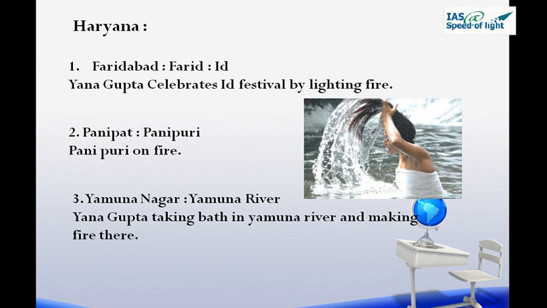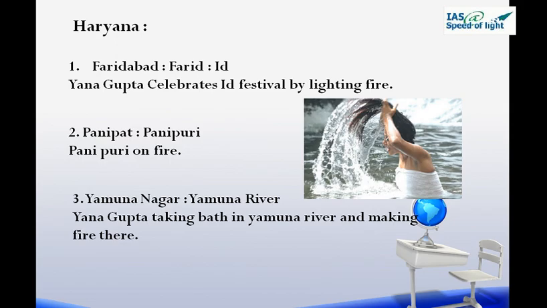The second thermal power plant for the state of Haryana is Panipat. And Panipat, we already have an image of Panipuri with us, right? Panipat was Panipuri. We remembered the different wars also for Panipat, the first war, second war. So Panipat became Panipuri, and now we are going to eat Panipuri, but Yana Gupta was also there, and she eats a special pani puri which that shopkeeper used to make on fire.